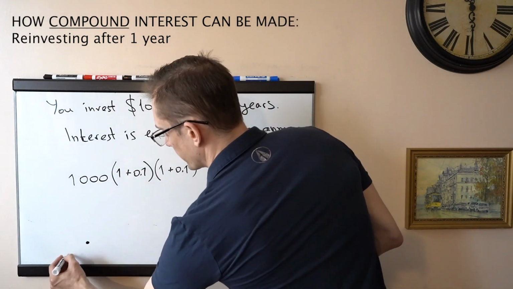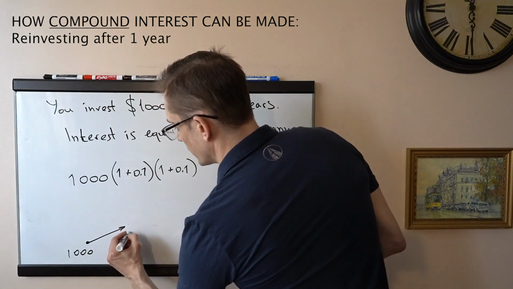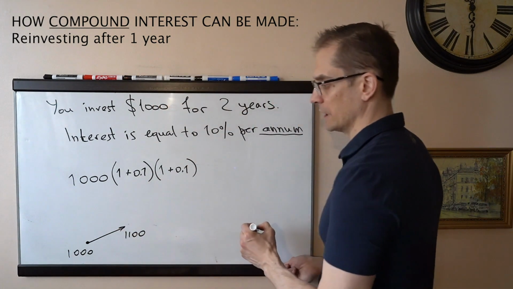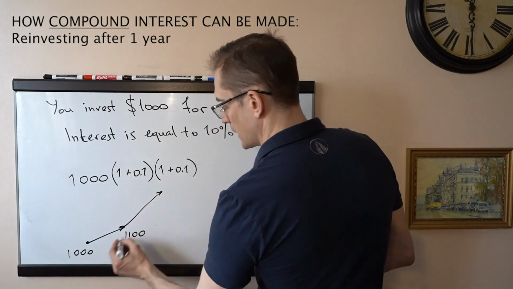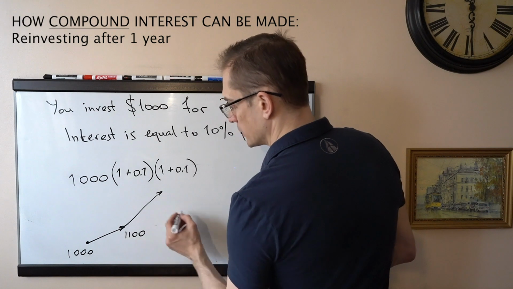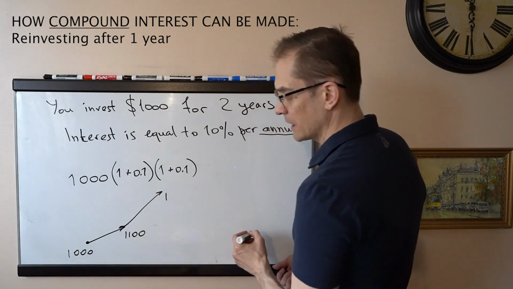So if I now build a graph. So you start with $1,000. $1,000 becomes $1,100. And then it is $1,100 is invested. So how much money will that become?